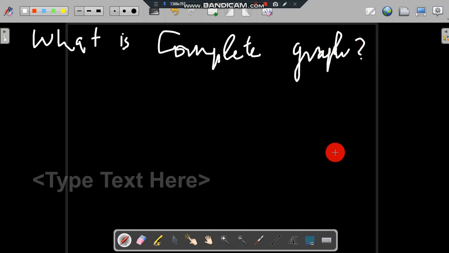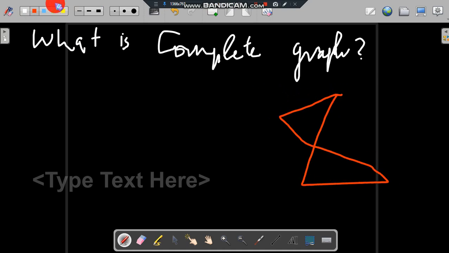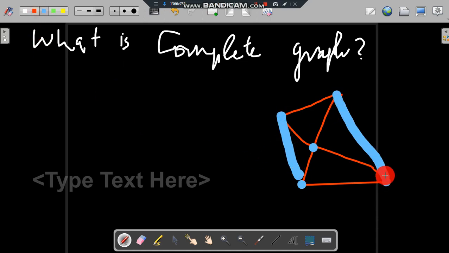Now look at that. This is the graph that I would like to explain to you. This is one vertex like this. Now what we see here is one vertex here, another vertex here, another vertex here, another vertex here, another vertex here. Now let me join these two vertices also, these two vertices also.